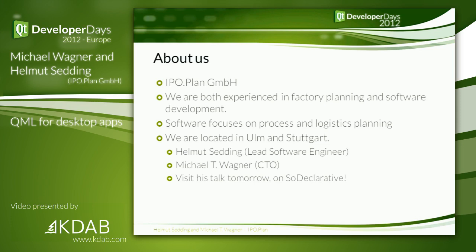And on the other hand, we are strong in the software world. We develop industry-leading software that is used to plan processes and logistics in a factory. It's used in the automobile sector in large companies. And we are located in South Germany, in Ulm and in Stuttgart.